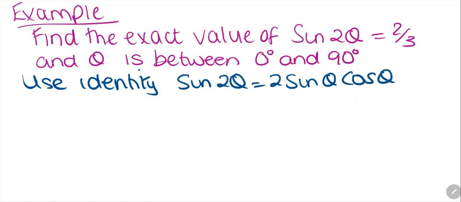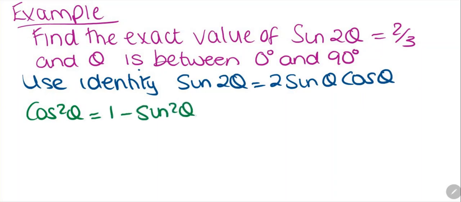And we're going to use this to find the value of cosine. So cosine squared theta is equal to 1 minus sine squared theta. So we're going to substitute in the values.